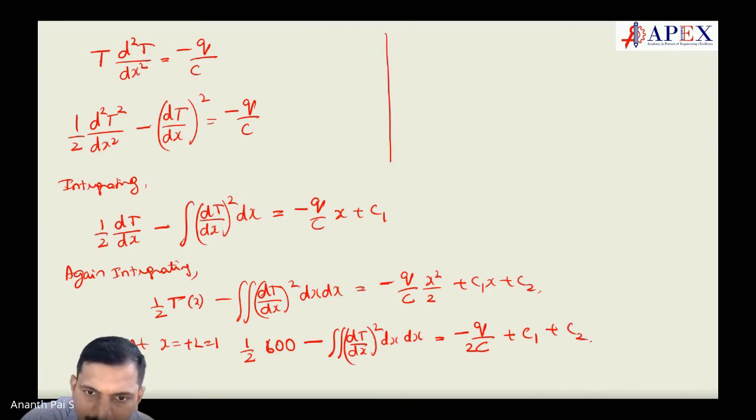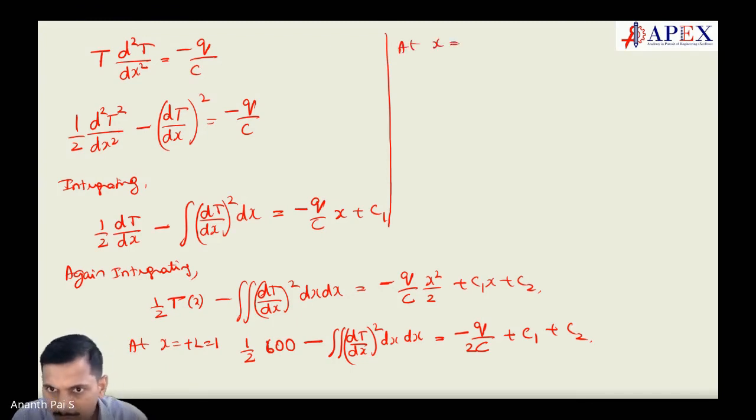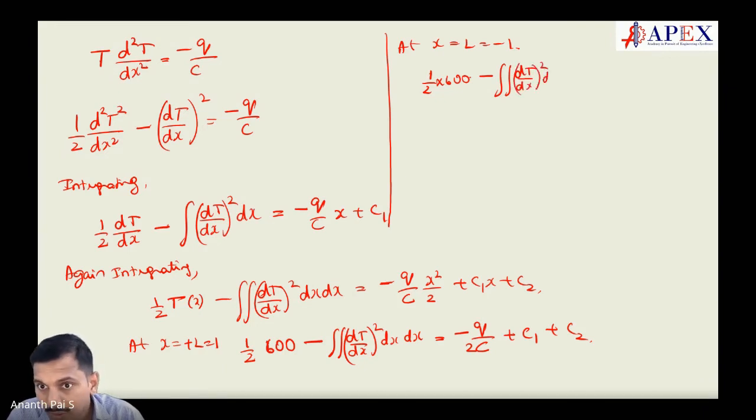Similarly, at x is equal to minus L, you get half into 600 minus double integration of dT by dx the whole square into dx is equal to minus q by 2c minus c1 plus c2.